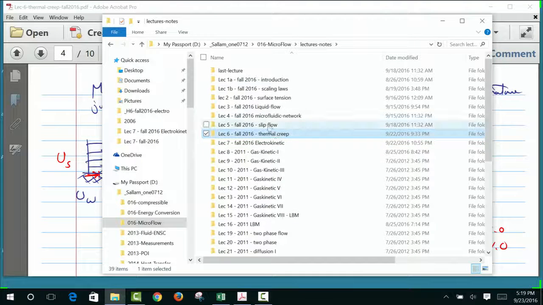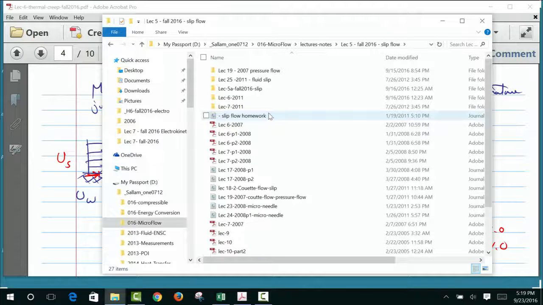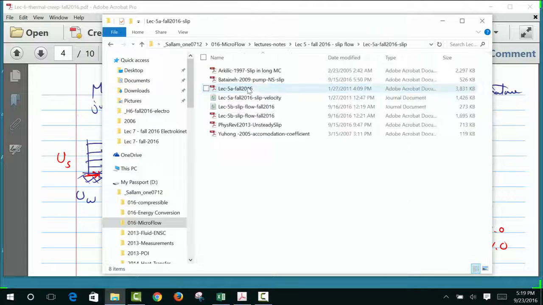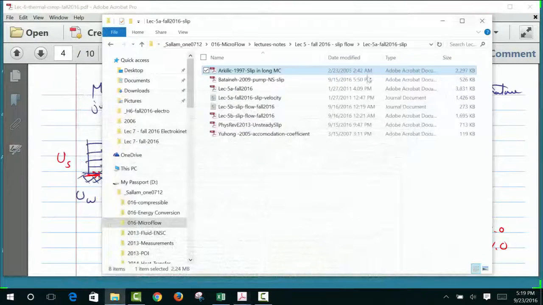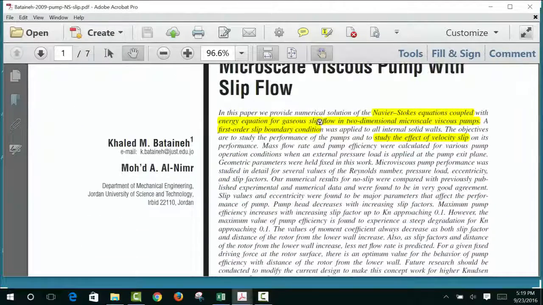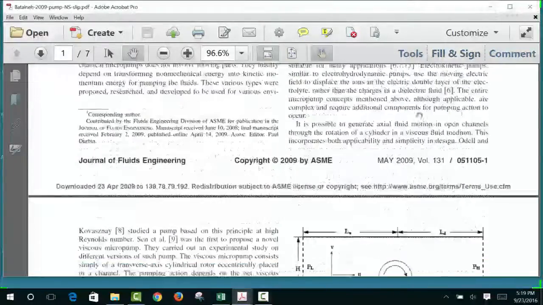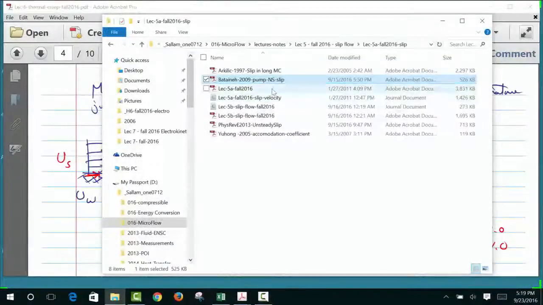When we first talked about the slip, first of all, it was very hard for people to measure this. It was very hard to measure the slip boundary condition because it requires... it's not that paper, it's the Prandtl paper. I forgot, where is it?